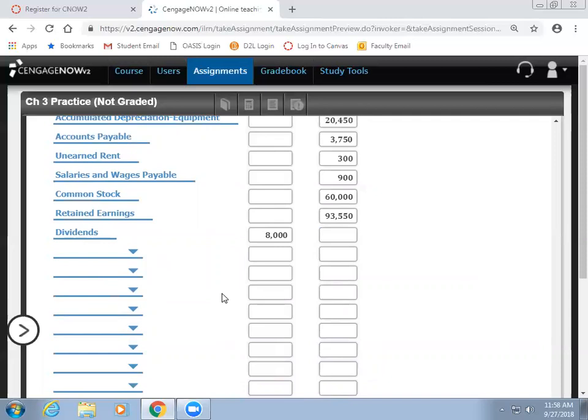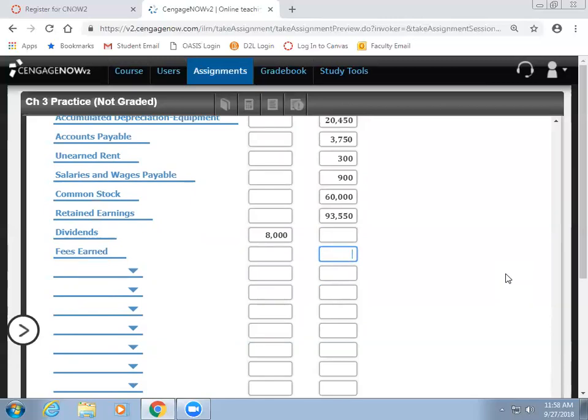How about fees earned? Fees earned has been adjusted, hasn't it? So it originally had a credit balance of 158,600, and then we had a credit to it for 10,200, and I think that was actually it, wasn't it?